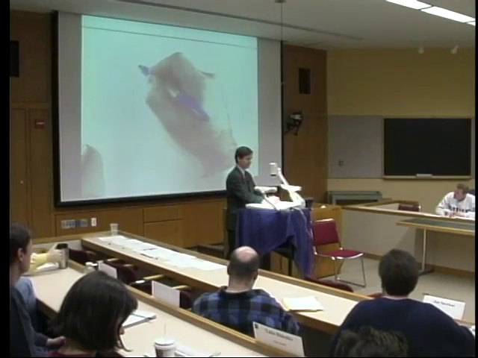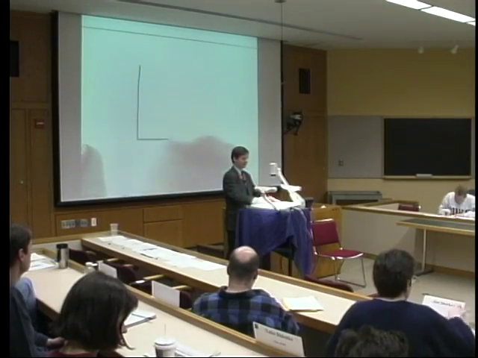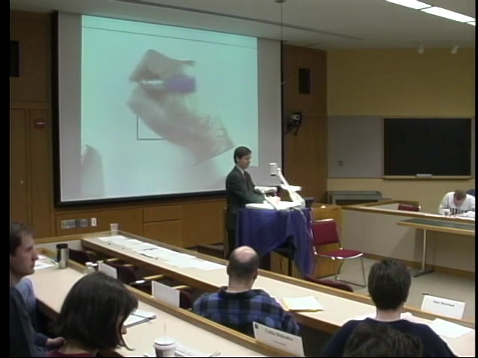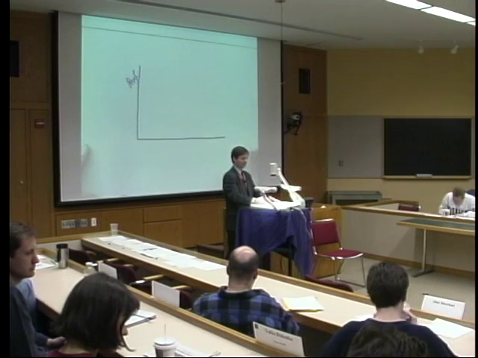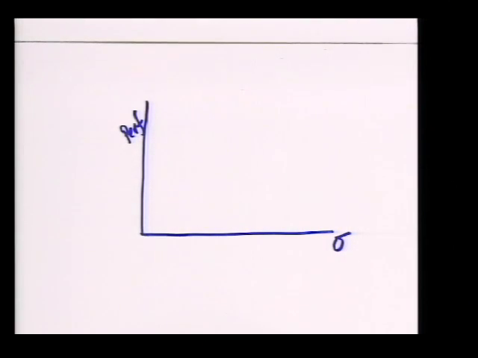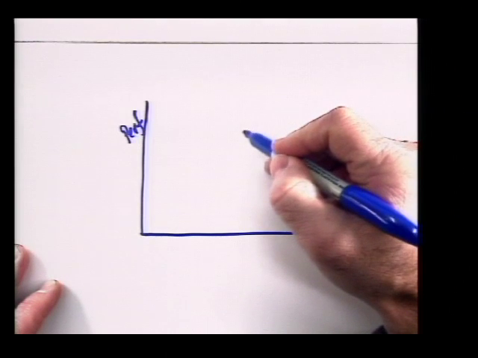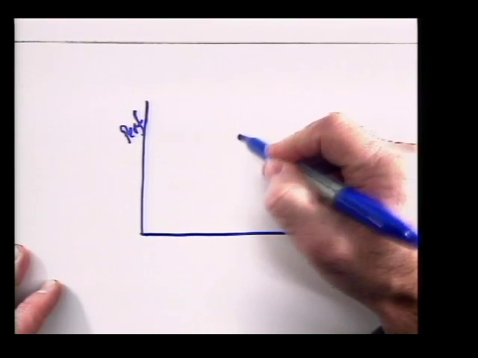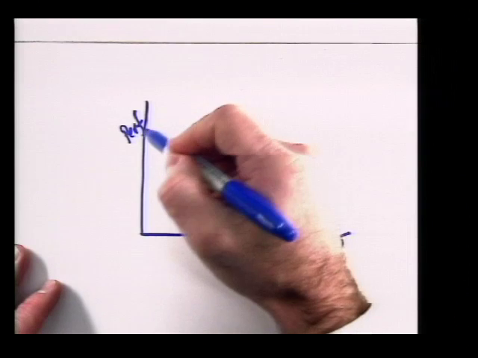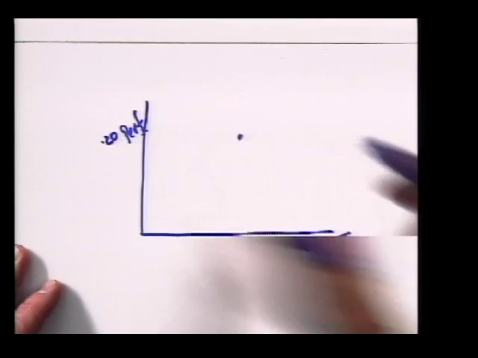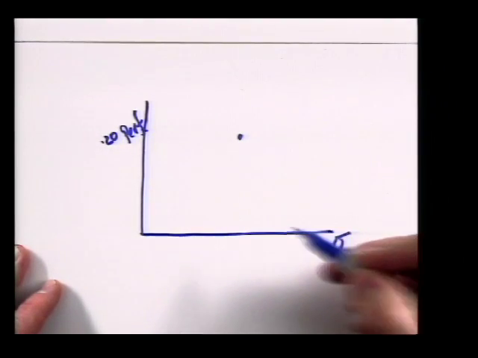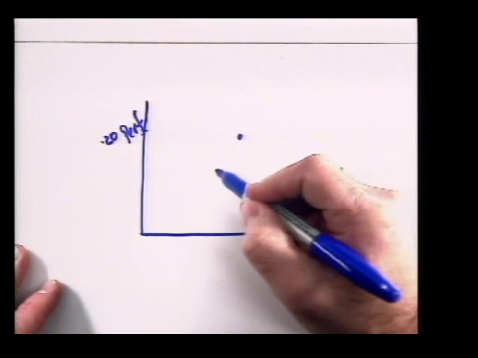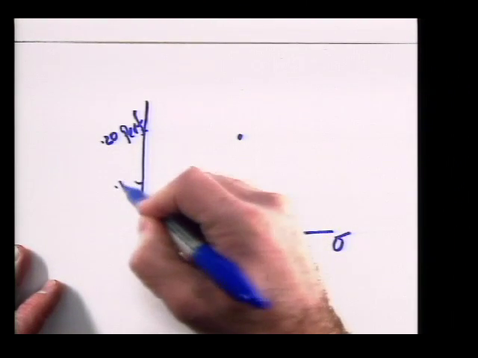Okay, so really what you can think of is, in a crude way, we've got the performance, we've got some volatility. And we've got our one here at 20%. We've got something at 10%.